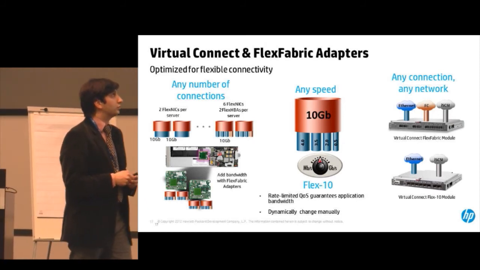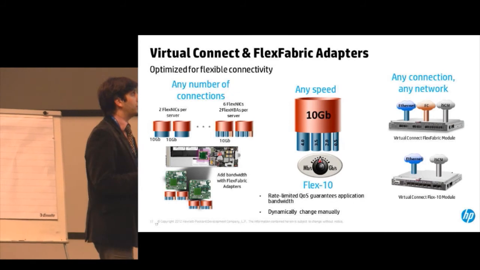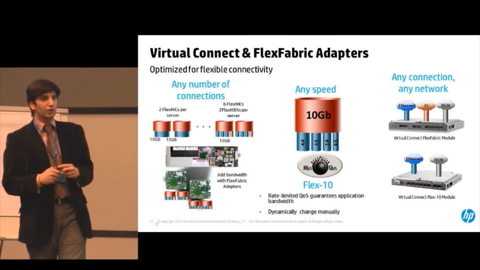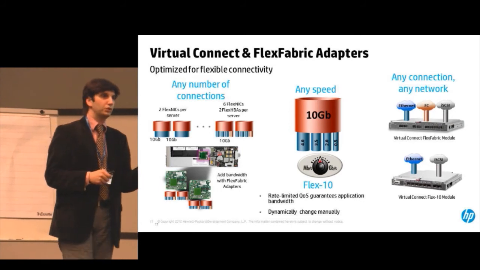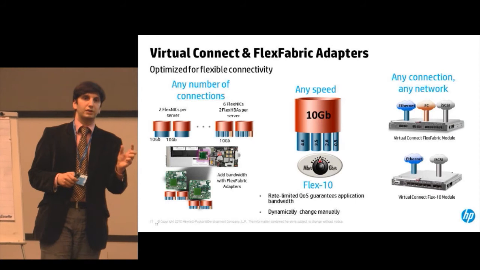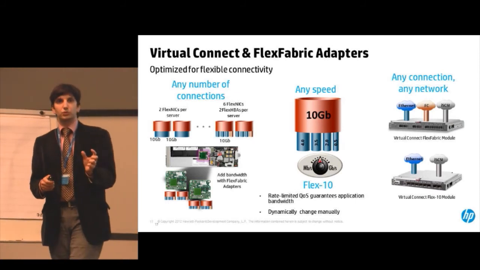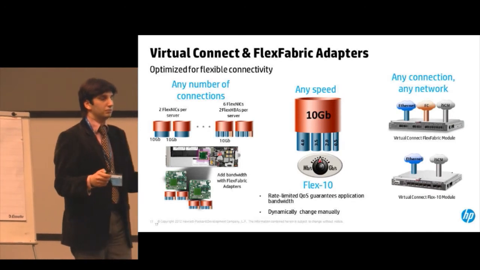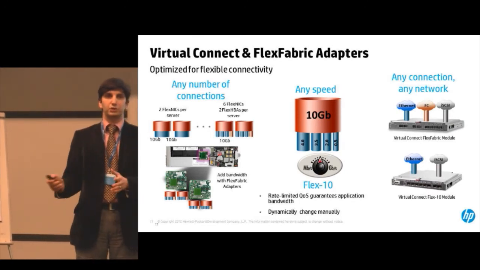The throughput of each Flex NIC can be adjusted in 100 megabit steps, so you can actually provide each connection exactly the bandwidth it requires, so you do not have to over-provision a connection just thinking, well, I'm not sure it's going to be enough after 1 year.